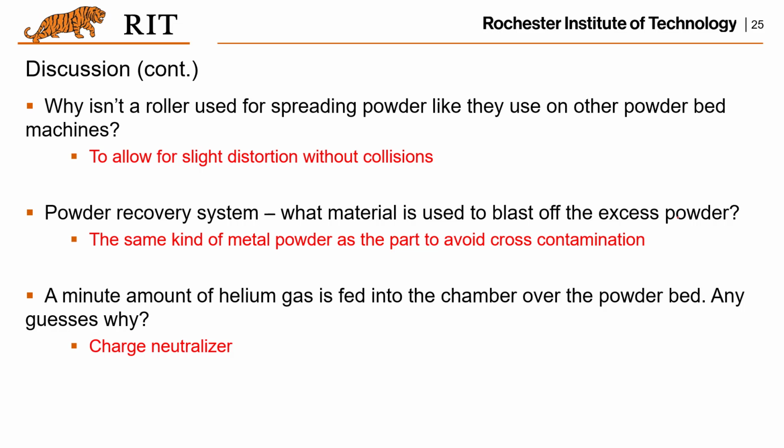The more important thing is that when the electron beam hits the helium molecule, the electron of the helium will be knocked out, such that the helium gas becomes positively charged, and it turns out it will neutralize the negative charge of the powder bed after the electron beam hits the powder. Basically that's the charge neutralizer for this process.